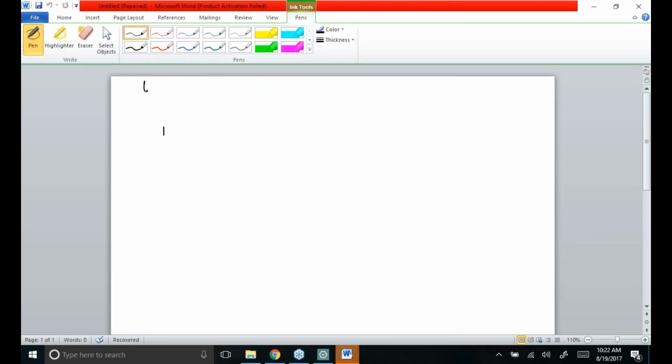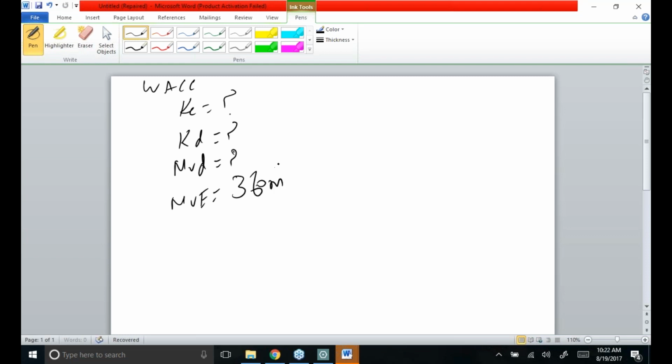In order to calculate WACC, we need the cost of equity, we need KD, we need the market value of debt, and we need the market value of equity. The market value of equity is exactly the same, 360 million, and we need to calculate KD and the market value of debt. And remember, in the first director proposal, your rating will improve and the spread will be 0.6%, so KD is 3.8% plus 0.6, that will be 4.4%.